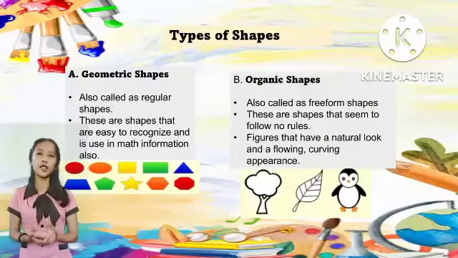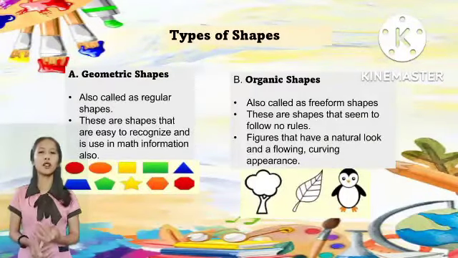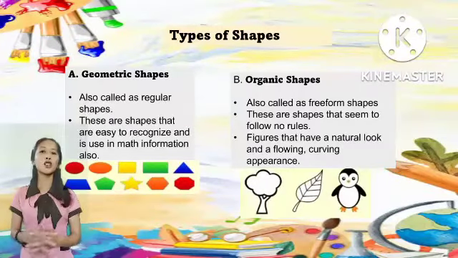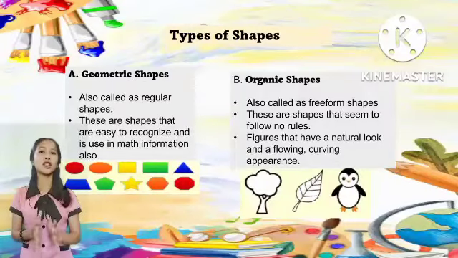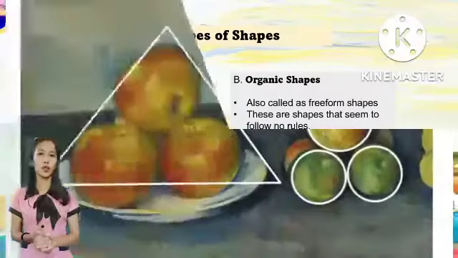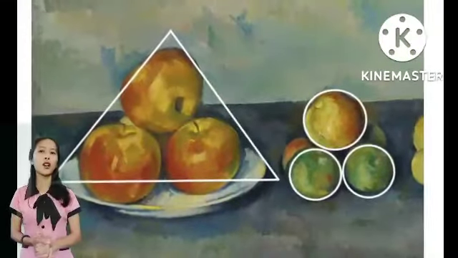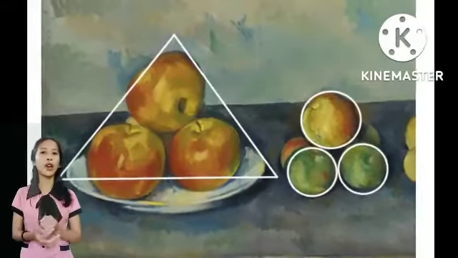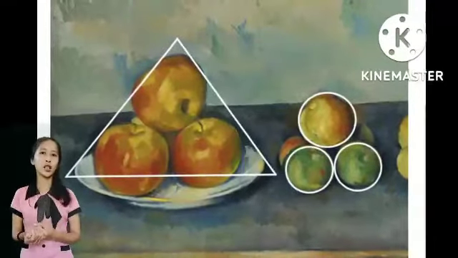Now let's first tackle the geometric shapes. Geometric shapes are also called regular shapes. These are shapes that are easy to recognize, and they are used in math also. Geometric shapes are mathematical and include squares, circles, and triangles.